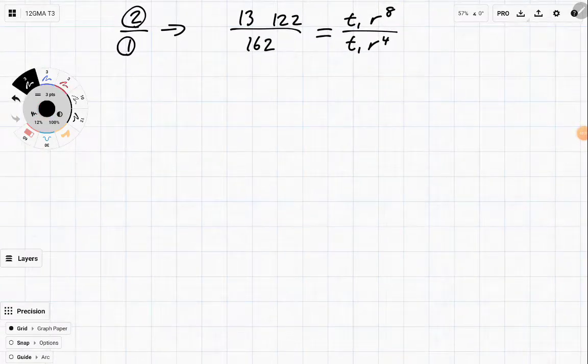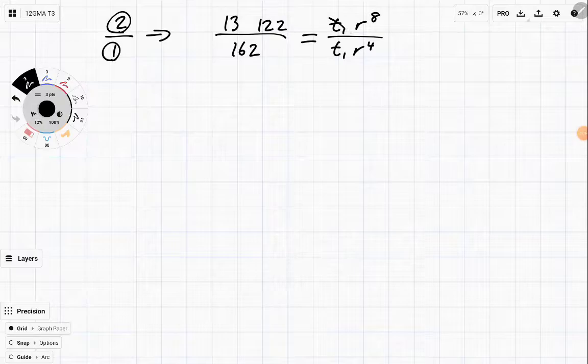How does this simplify? Well, the T1 cancels with the T1, so that just disappears. Then I'm left with r to the 8 over r to the 4. And on the left-hand side, that's just a fraction, so 13,122 over 162 just leaves me with 81. Now we can actually simplify this using our index laws. r to the 8 divided by r to the 4.